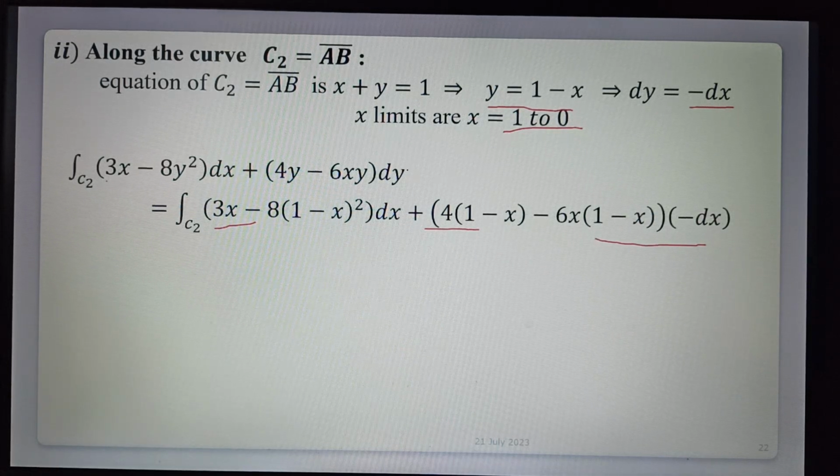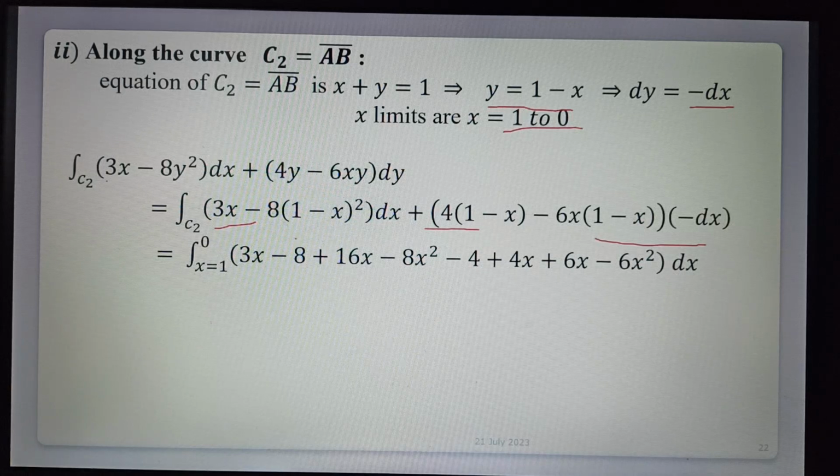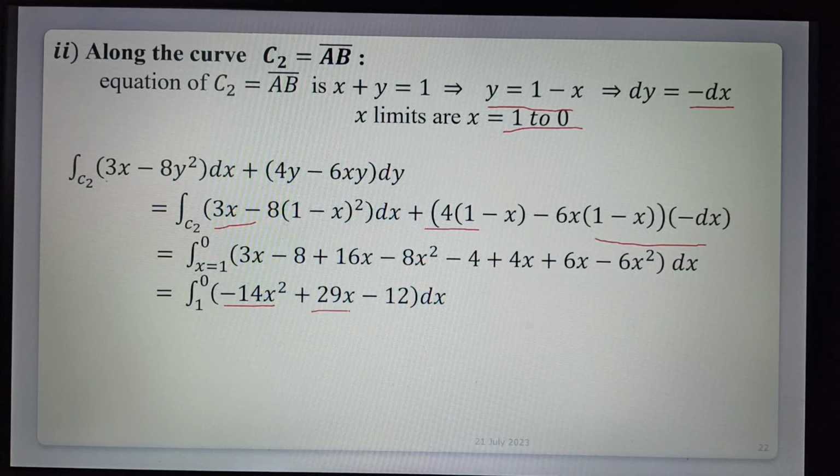Now simplification, dx common, integration x is equal 1 to 0, 3x minus 8 plus 16x minus 8x square minus 4 plus 4x plus 6x minus 6x square into dx. Now simplification is integration 1 to 0 of minus 14x square plus 29x minus 12 dx.